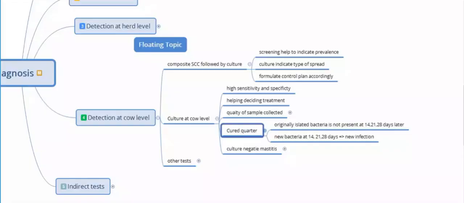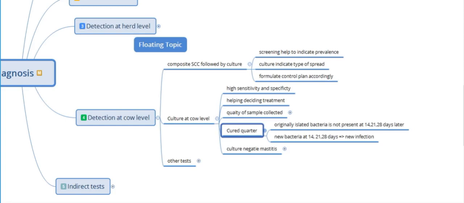So how will you know that the bacteriological cure has happened? For that, after your treatment is over, you have to reculture the milk sample from the same udder at 14, 21 and 28 days, and the originally isolated bacteria should not be there. So if you have isolated Staph aureus, then after 14, 21 or 28 days, you should not get Staph aureus.